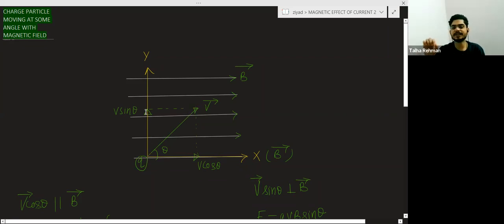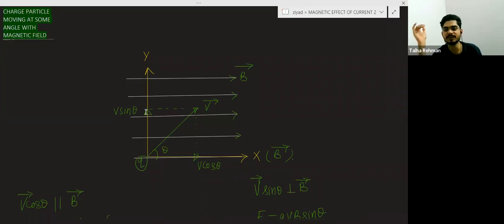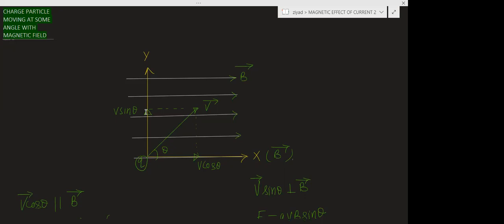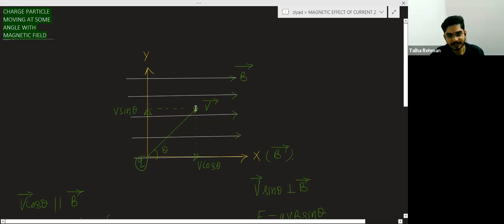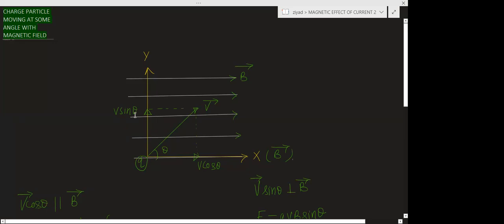So we have divided the motion parallel to the magnetic field and perpendicular to the magnetic field. This is the vector v. The component of v along the x-axis will be v cos theta, and the component of the velocity perpendicular to the magnetic field will be v sin theta.